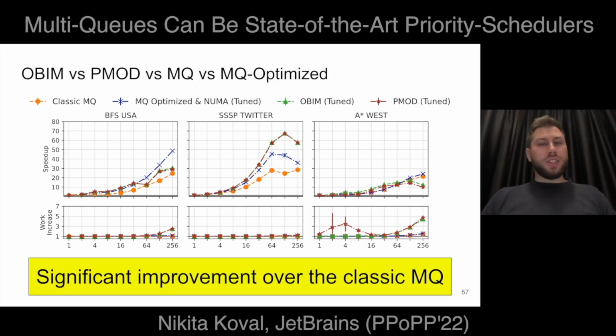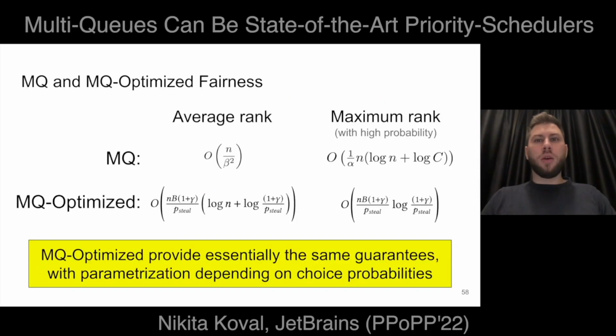And here we see that when we apply all these optimizations, we achieve significantly better performance, and we outperform PMOD and ABEAM on 2 of these graphs. That's great, isn't it? What is also important, all these optimizations do not break theoretical guarantees on fairness.